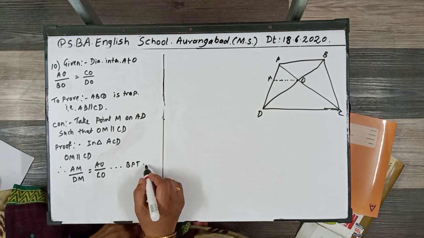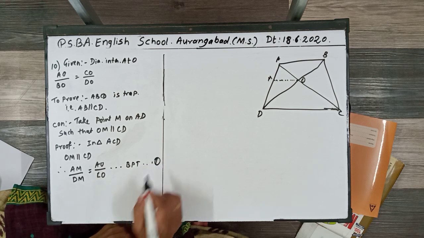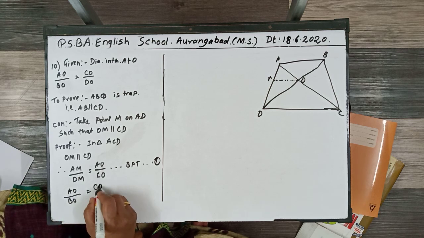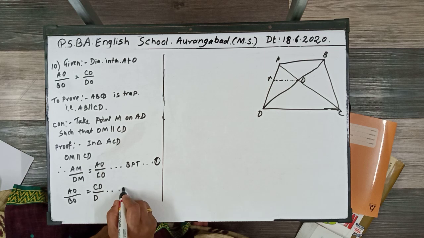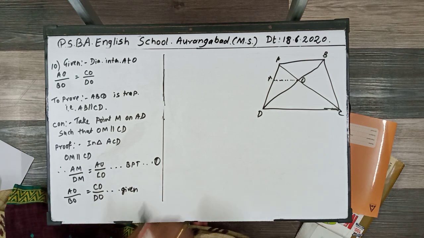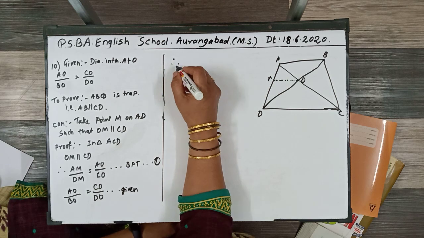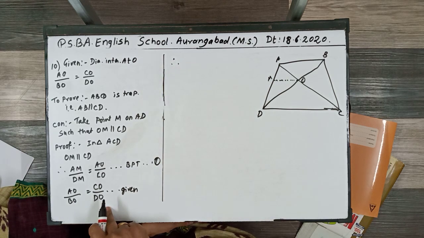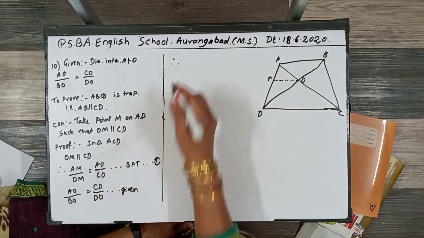So statement number 1. Now AO upon BO is equal to CO upon DO. This is given. Therefore, last time only we have seen that if this ratio is correct, then we can write AO upon CO is equal to BO upon DO.